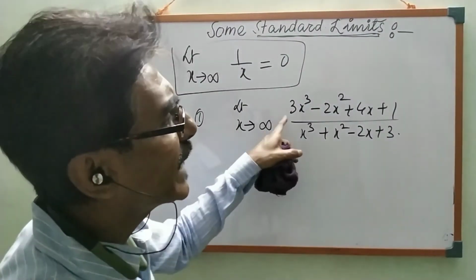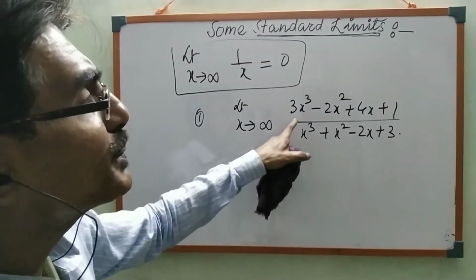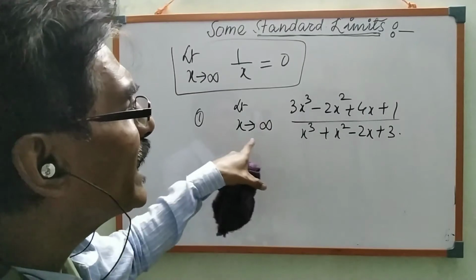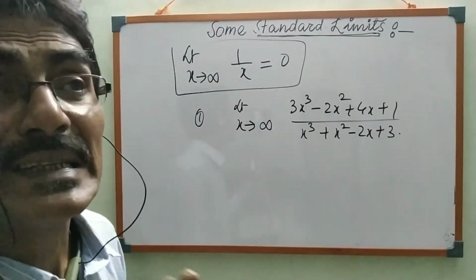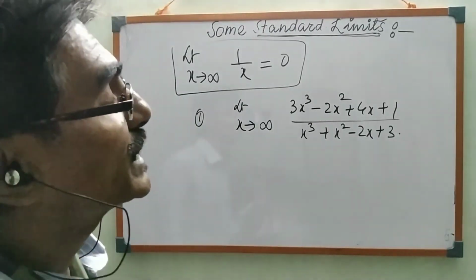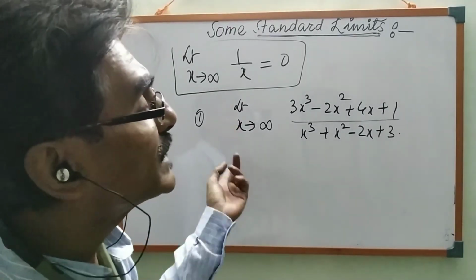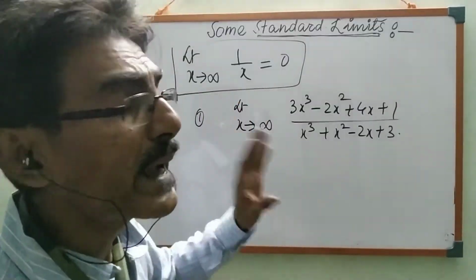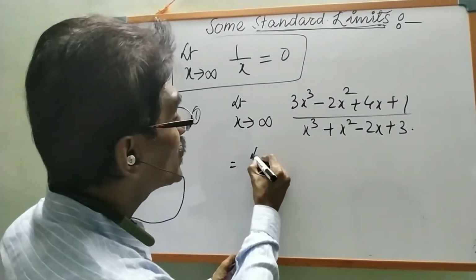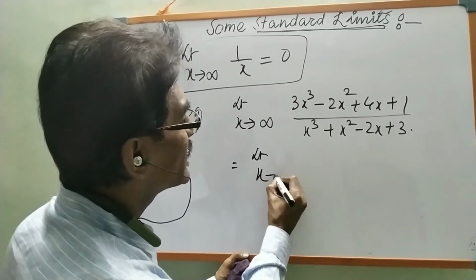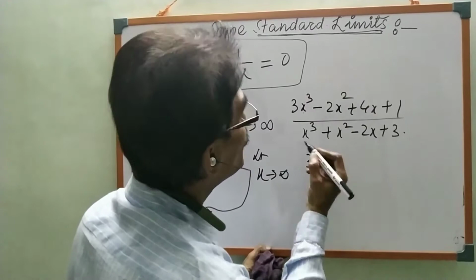What you will do, you see, in the numerator and denominator, both are polynomial functions. The highest power is x cube. Generally when x tends to infinity and both numerator and denominator contain polynomial functions, generally you will divide both numerator and denominator by the highest power of x, that is here x cube. So we are dividing both numerator and denominator by x cube mentally. x cube by x cube is 1.